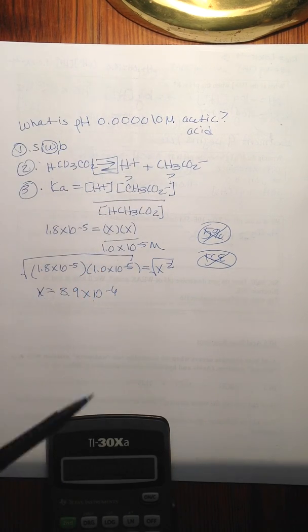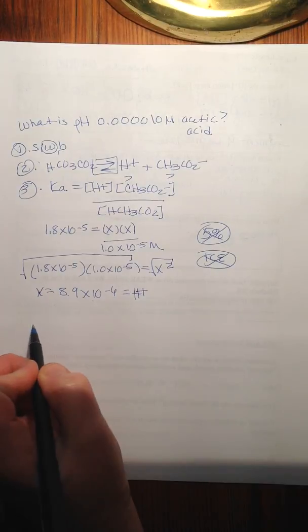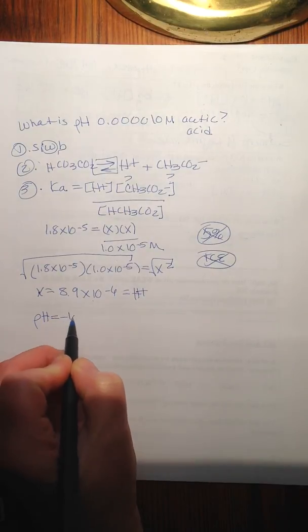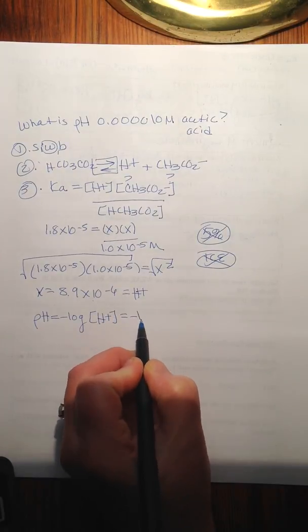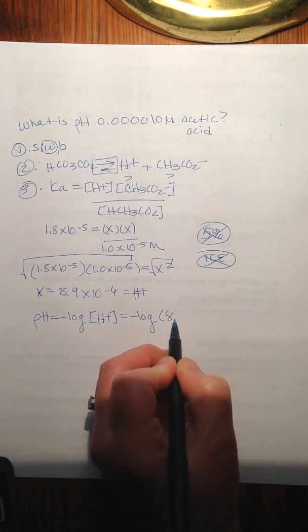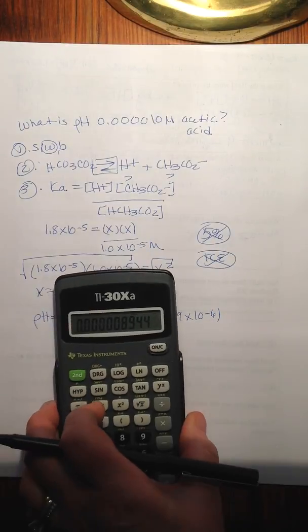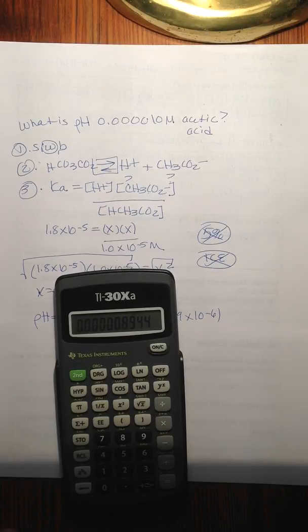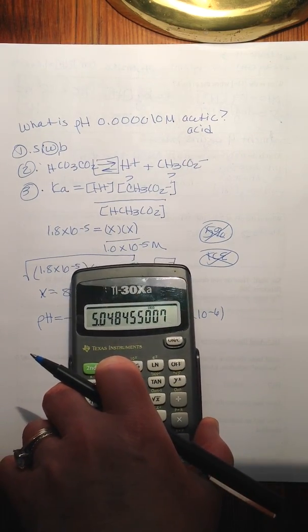So x is also equal to H+. So pH equals negative log of H+, which is negative log 8.9 times 10 to the minus 6. So I have my 8.9 times 10 to the minus 6, and I'm going to take the log of that, negative, and our pH is equal to 5.0.